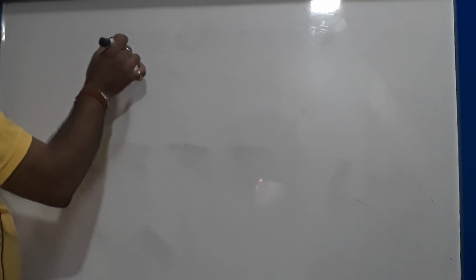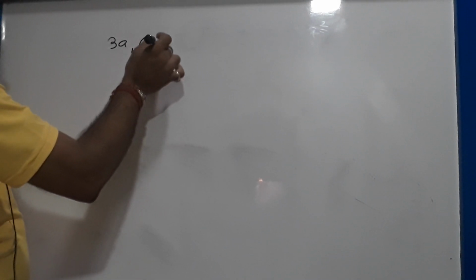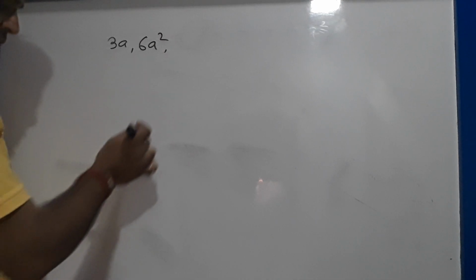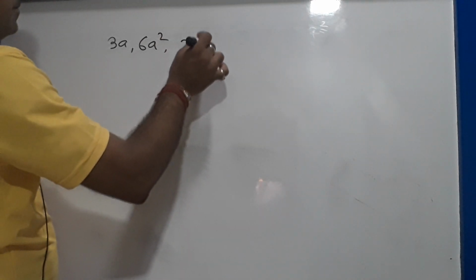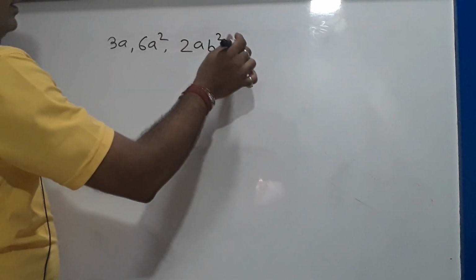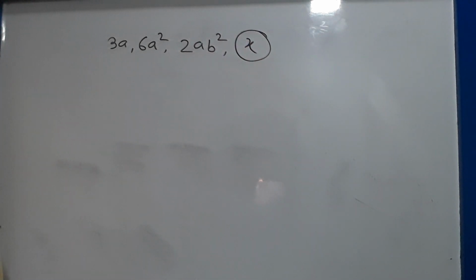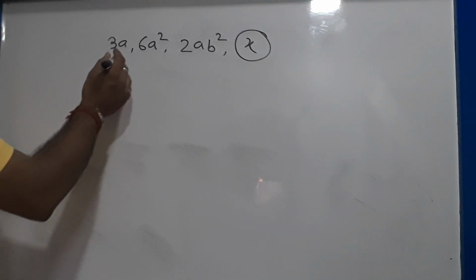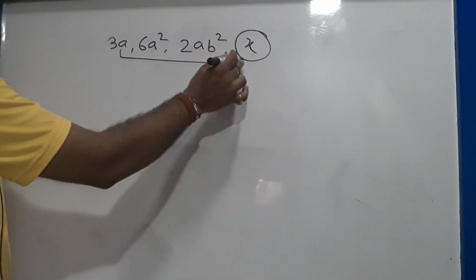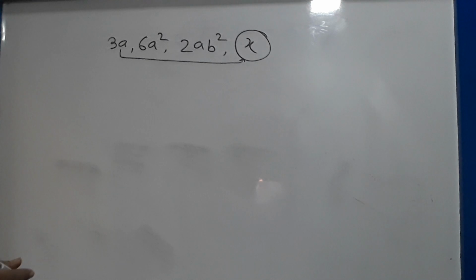Find the fourth proportion of 3a, 6a square, 2ab square. Fourth proportion we take x. So when four numbers are given, we use the definition of proportion.